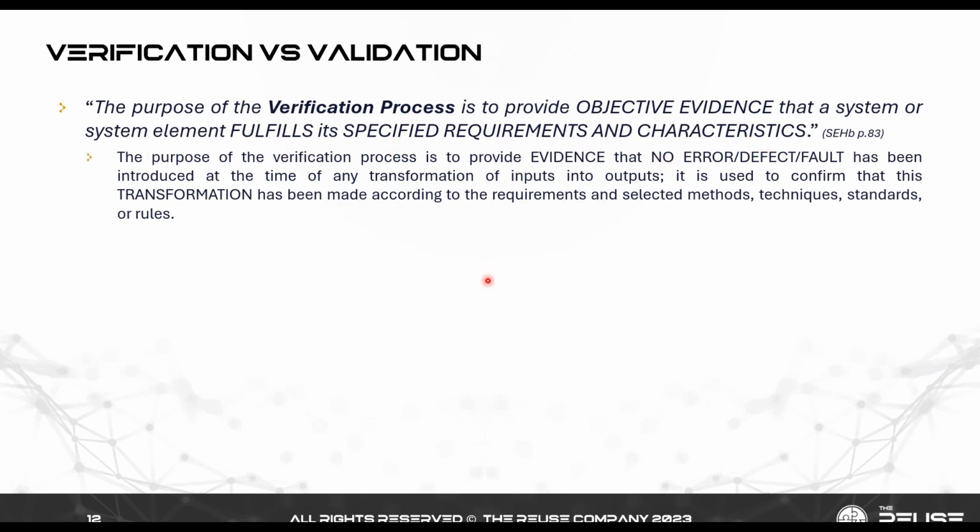So this not only implies that the system or the physical component is built according to the specified requirements and characteristics, but also the requirements themselves and also the models themselves, for instance. So the purpose is going to be providing evidence that there's no error, defect, or fault.